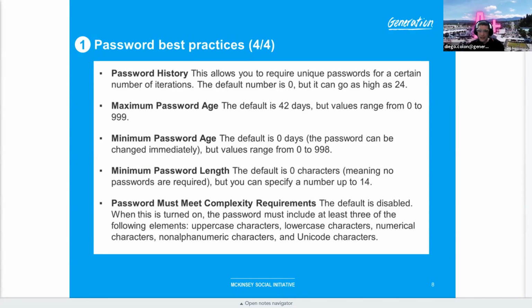All right. Password must meet complexity requirements. When it's turned on, there's 3 of the following that it must meet. In other words, when it looks at the password, we need to remember these cases, just like we have to remember when we're looking at security: something you are, something you have, something you know, and all that.